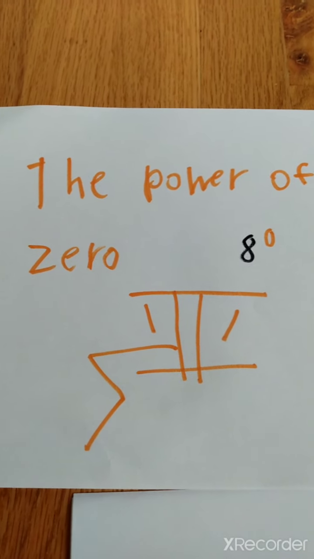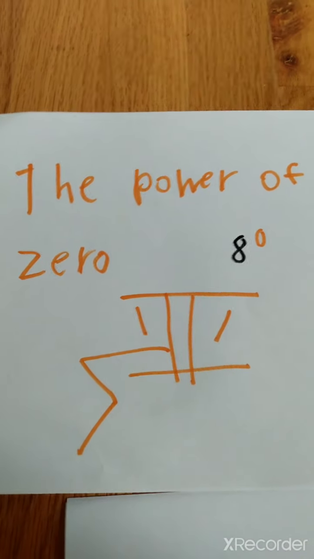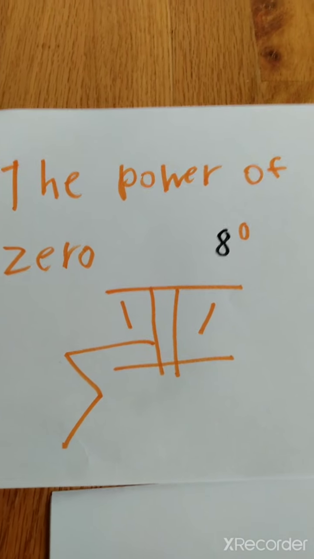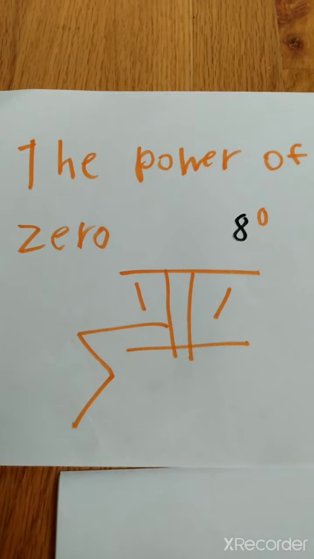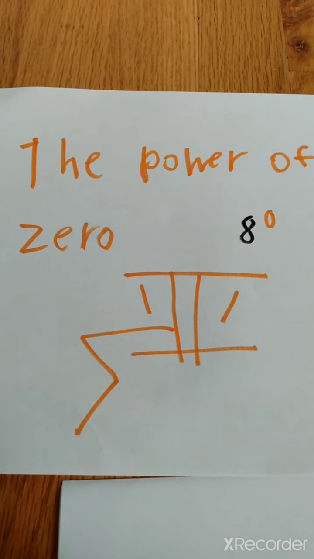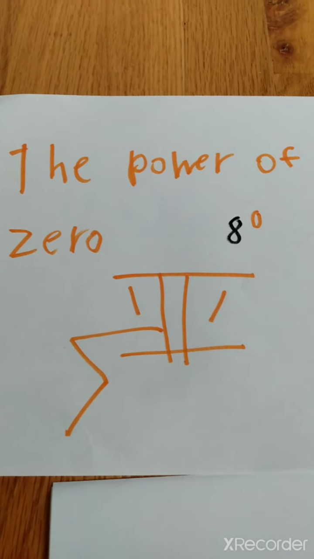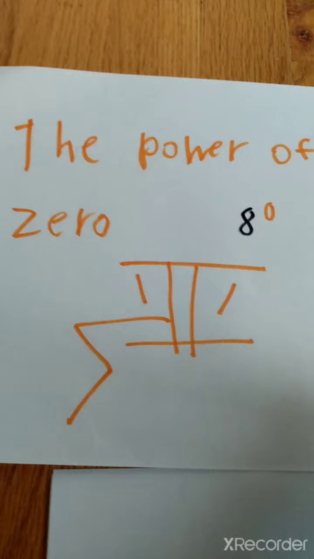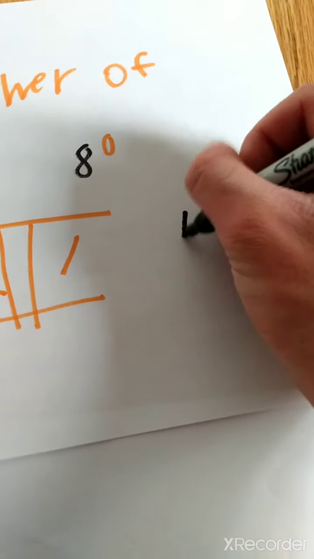We're going to understand what the power of zero is and why it's a strange exponent. You might have heard from your teacher or another source that every time you have zero as the exponent, the answer is going to be 1.